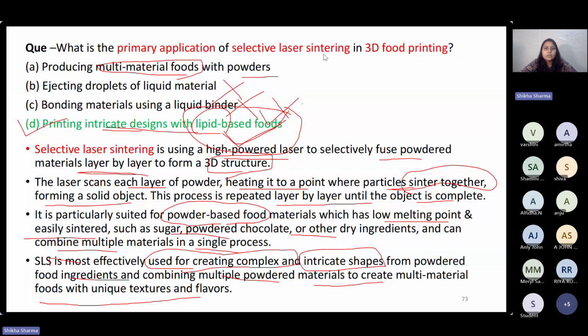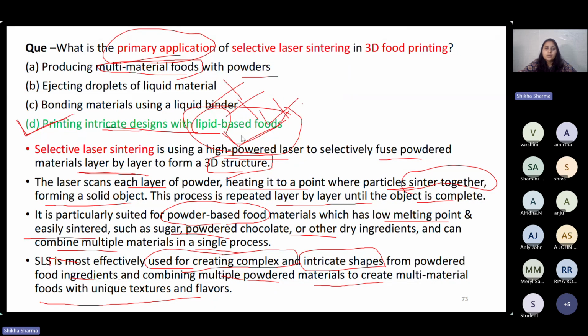Selective laser sintering is basically used for powders, the powder structure. Here it is asking what the primary application is, so we have marked option D correct.